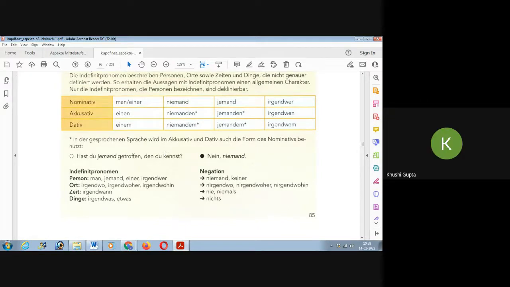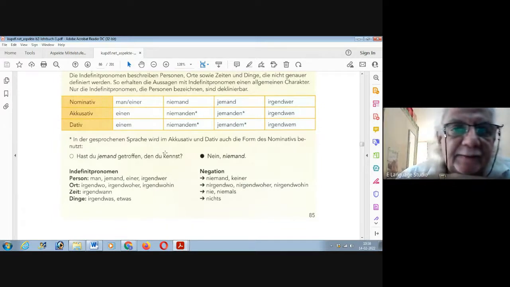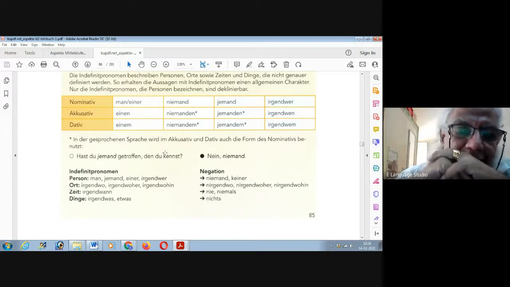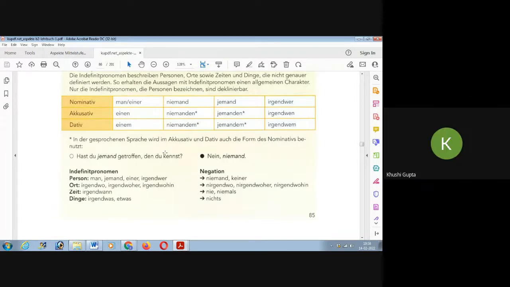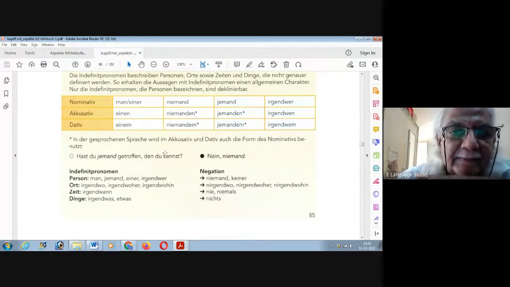Okay, someone. So either use man or einer. When one is at a table, one is not supposed to slurp his soup. That is, make that noise when you're drinking soup. Okay. So one in that sense.